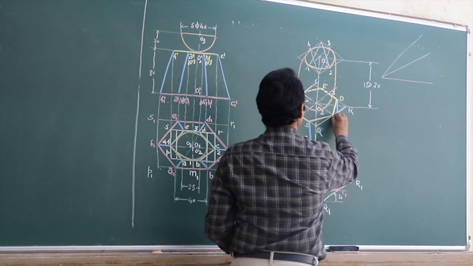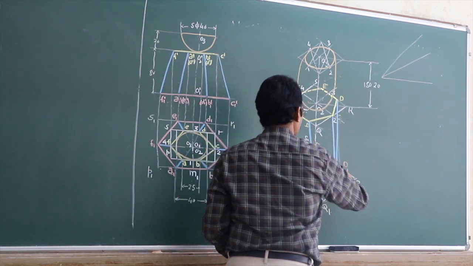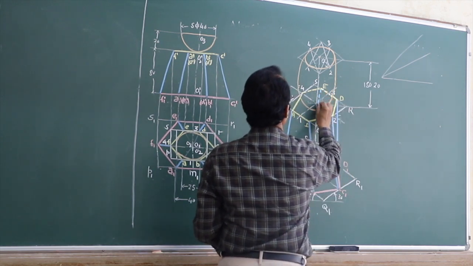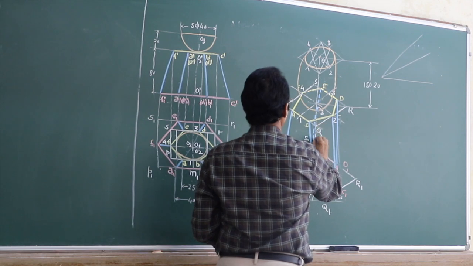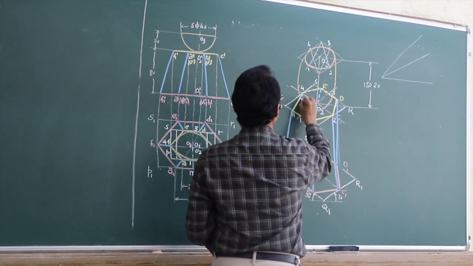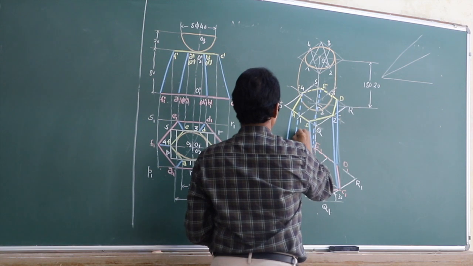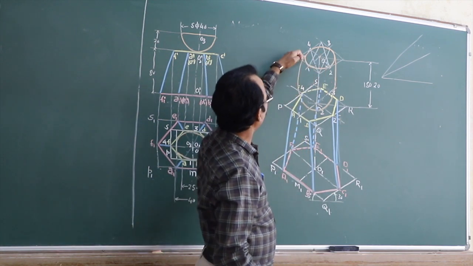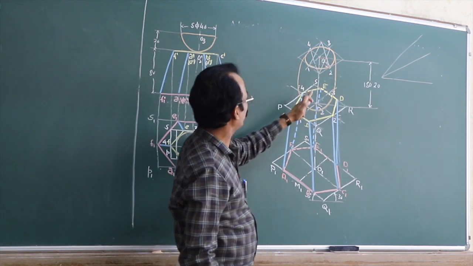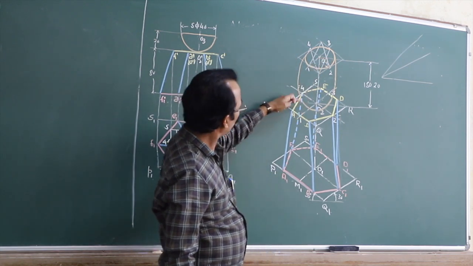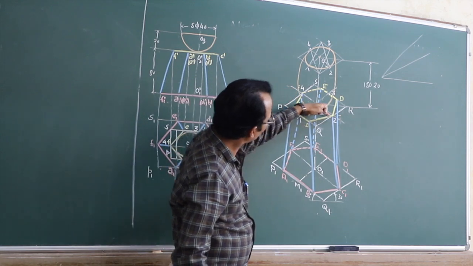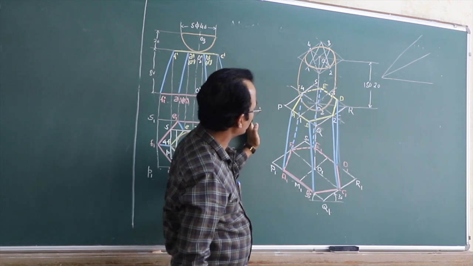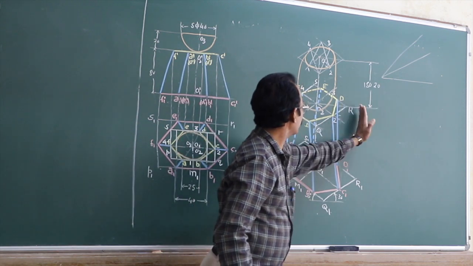then C1 visible, D1 visible, then E1 will be dotted, then F1 will be dotted like this, okay. So topmost thing completely visible, this semicircle completely visible. When you take the top hexagon, whatever is outside must be dark, and leftmost A1 is dark, D1 is dark.